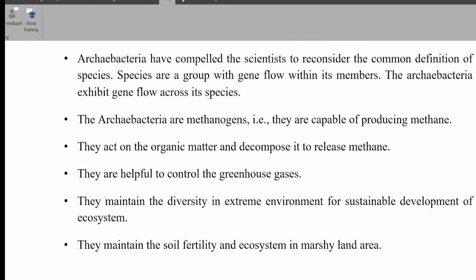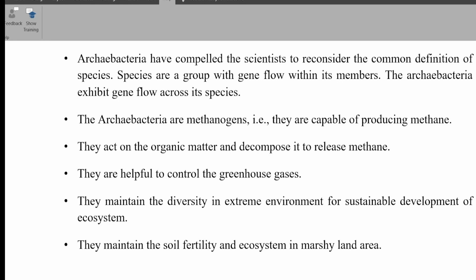Archaebacteria have compelled scientists to reconsider the common definition of species. Species are grouped by gene flow within their members, but archaebacteria exhibit gene flow across species.